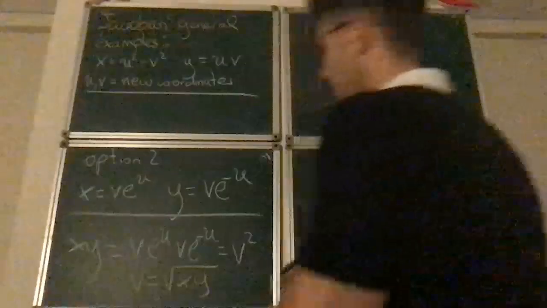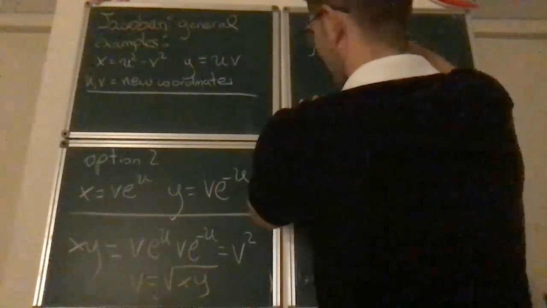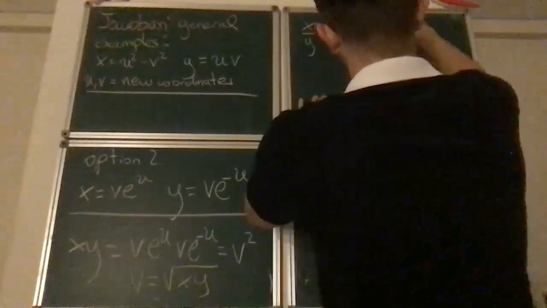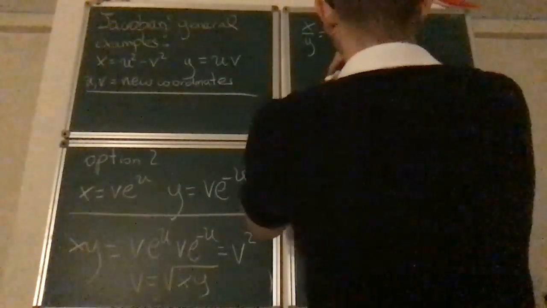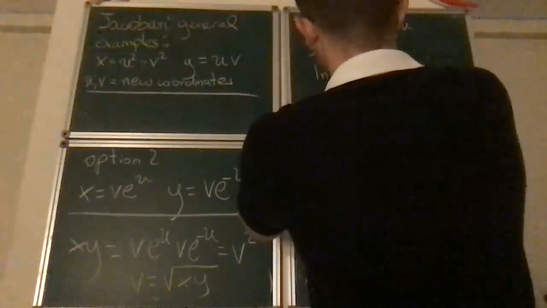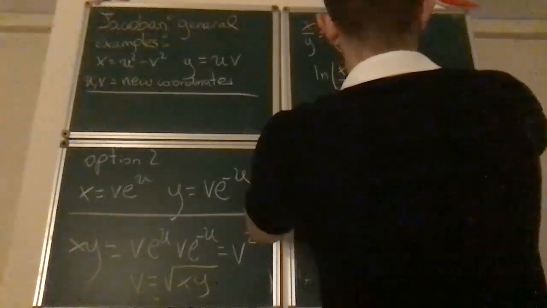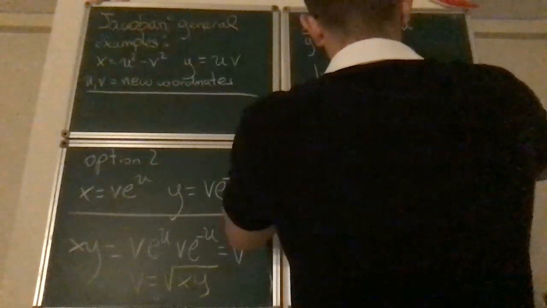And likewise, if you were to divide x over y, then this gives you this, and then if you take ln on both sides, you get ln of x over y equals 2u, and you can again use this to solve for u, and say that u equals 1/2 ln of x over y.